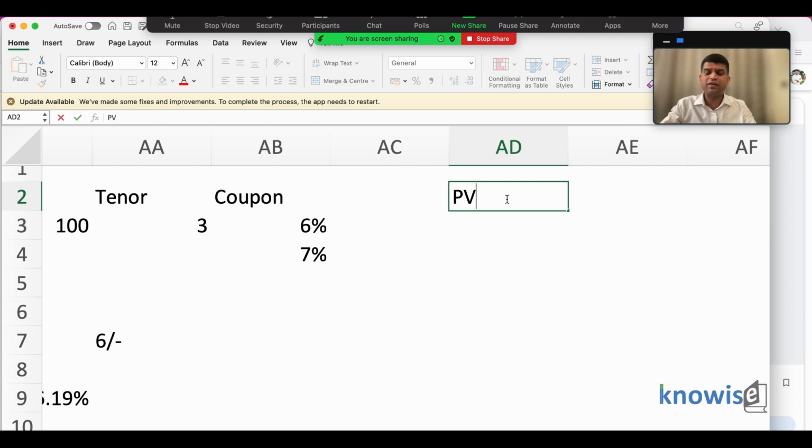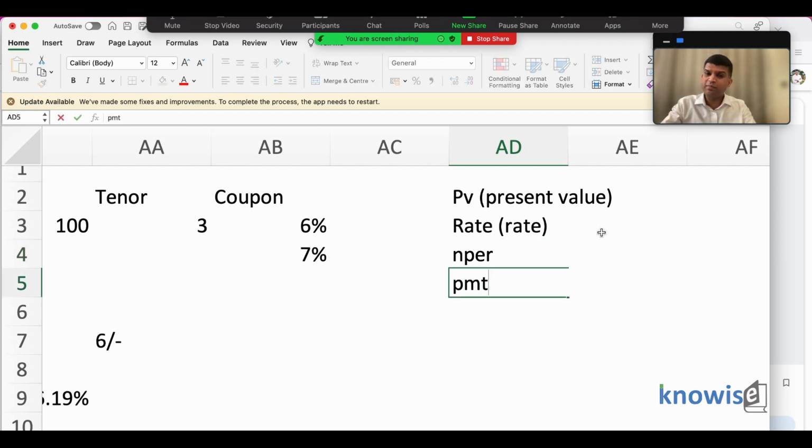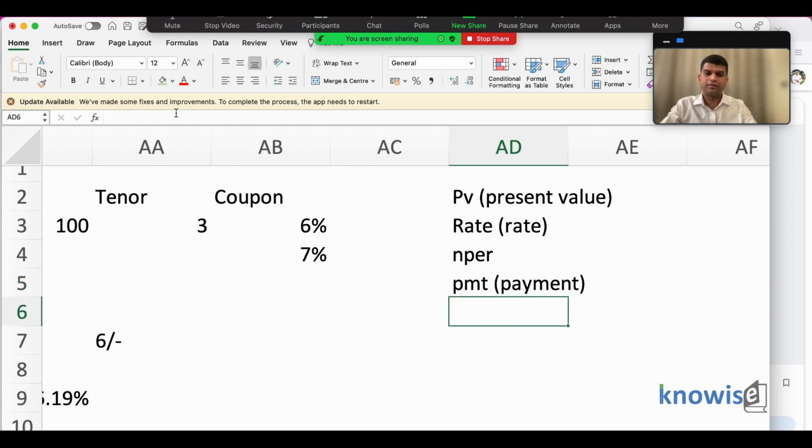Let's start with PV. PV stands for present value. The second one is rate, rate of return, and third one is NPER, that is number of compounding periods. Then PMT, which stands for payment, and future value and type.